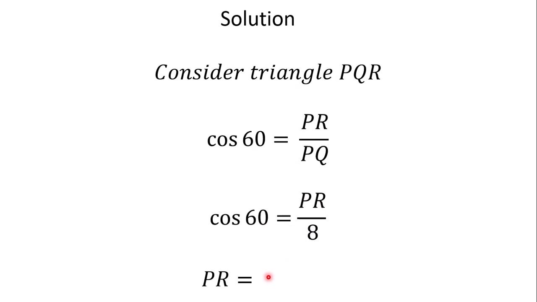So PR is equal to 8 cos 60. But 8 cos 60 is not the answer yet. Why? Because we have to calculate the value of this one. So let's find the value of 8 cos 60.